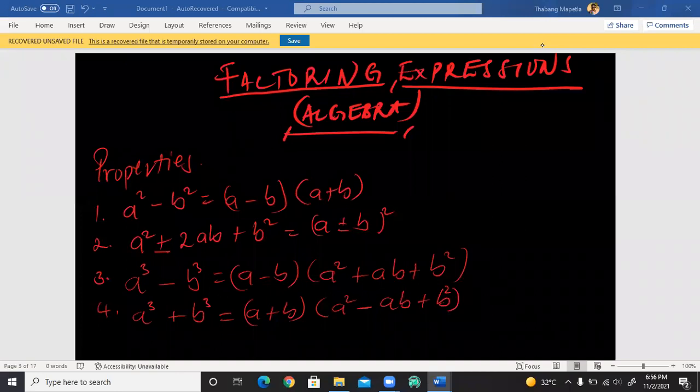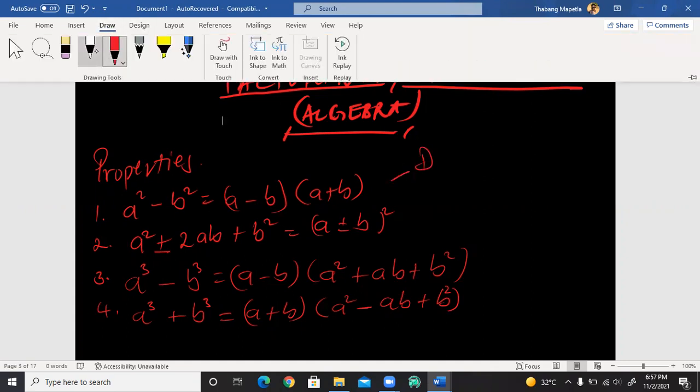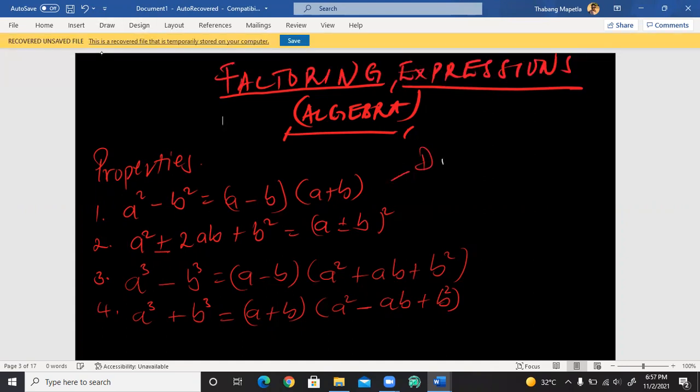Oh, yes, fellas. So we're moving to another objective, which is maybe a big objective, or we should say a topic. It's factoring expressions, that is under algebra. So we have this factoring. This one is called difference of squares. Difference of squares.